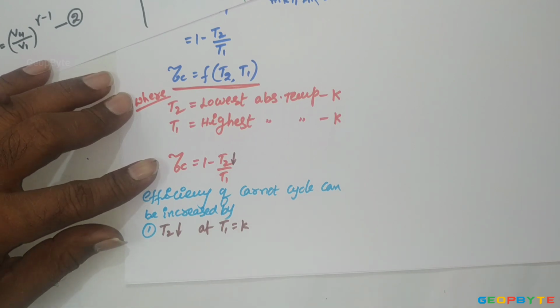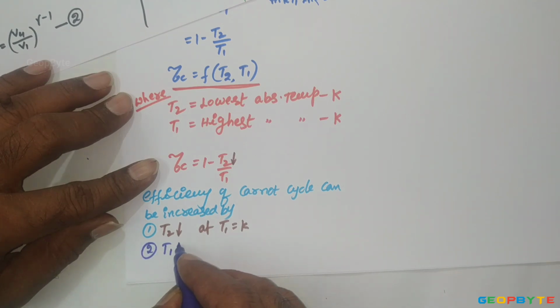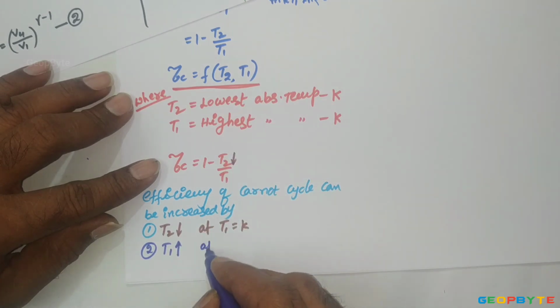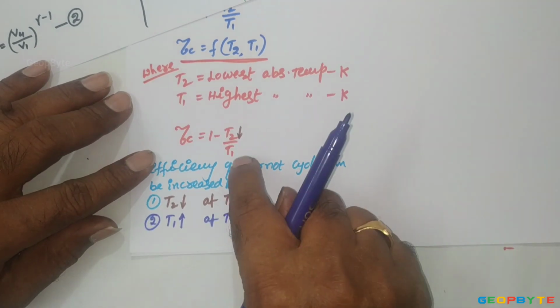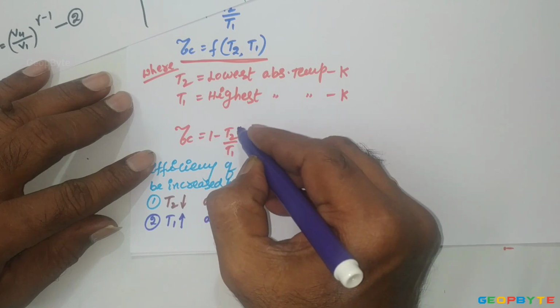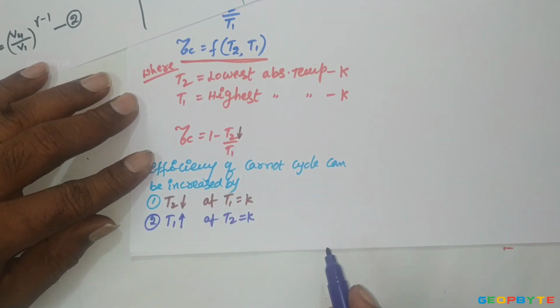The second option is, for example, if I increase the highest absolute temperature T1 at constant T2, then also this factor is decreasing. 1 minus a decreasing value will increase the efficiency. This is the second option.